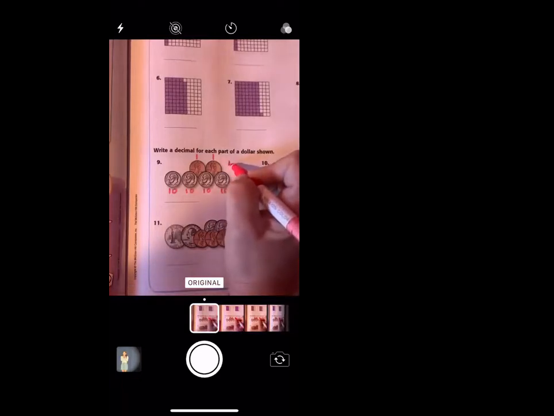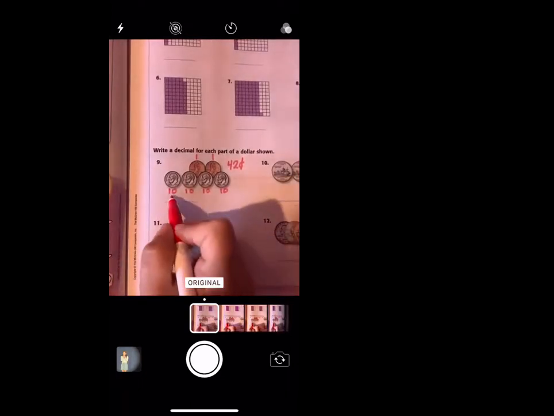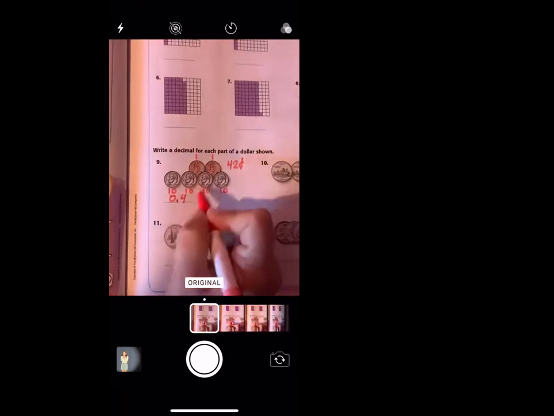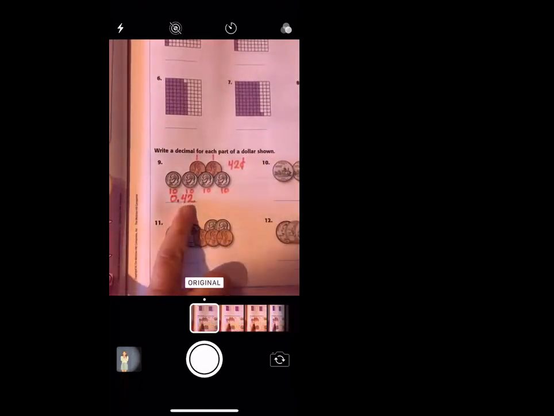So this is worth 42 cents, but I need to write that as a decimal. So I have 0 whole dollars. Okay, I have 4 tenths, and I have 2 hundredths. Okay, 42 cents is the same as 42 hundredths. So we write it as 0 and 42 hundredths.